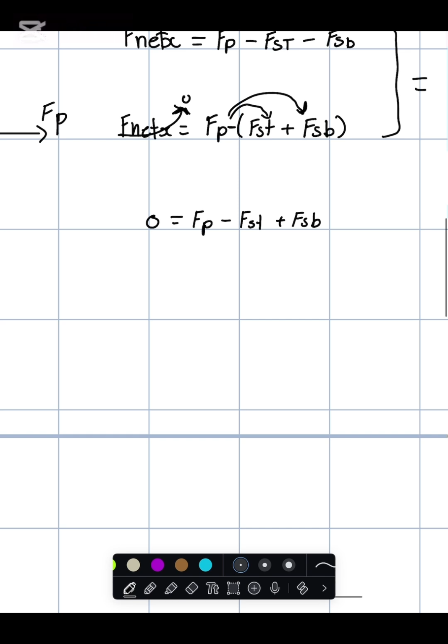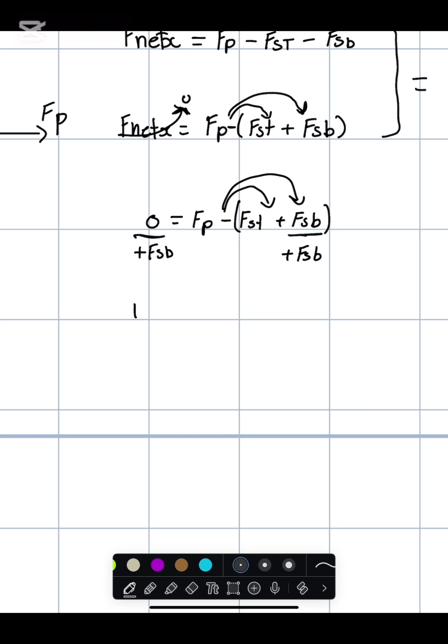And now to rearrange for our Fsb, we have to obviously factor in this negative 1 in front that we don't see because we don't need to. And once we do that, we can take this, which would be a negative, and move it over to here. So we can do plus Fsb on this side.